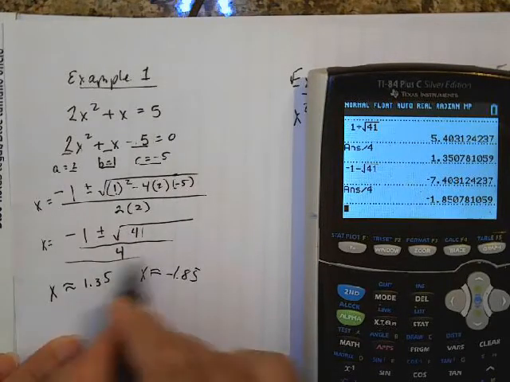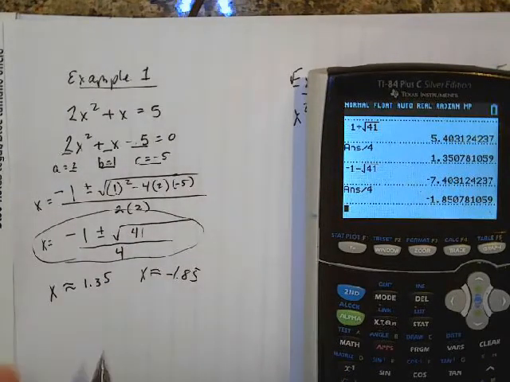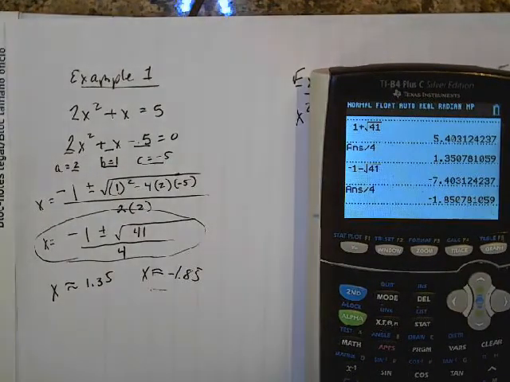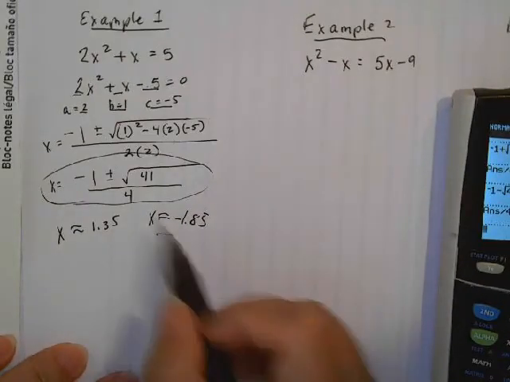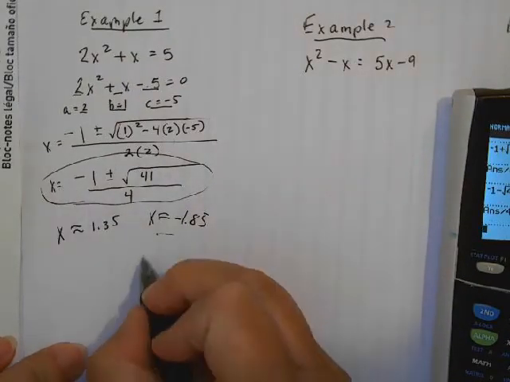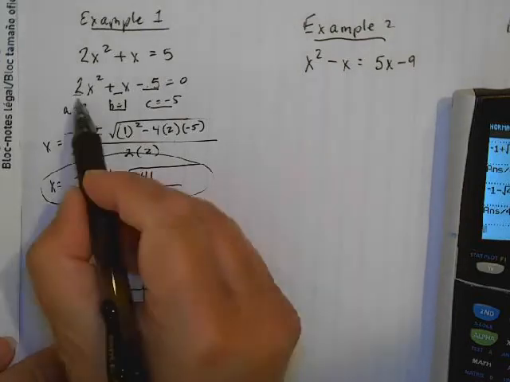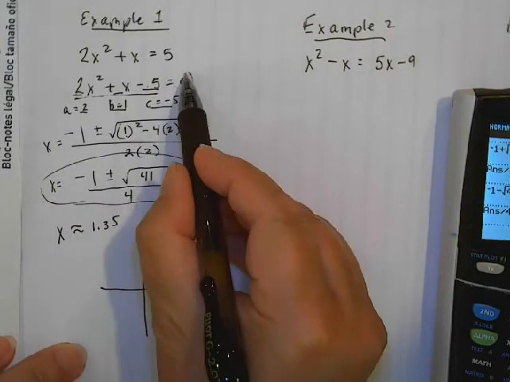Now, this is an exact number. These are approximations. I'm just going to use my approximation to help me make my graph. So since these are solutions of this quadratic, we know that the solutions tell us what the x would be if the y were 0.